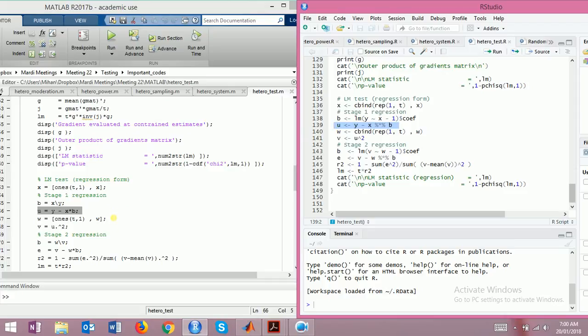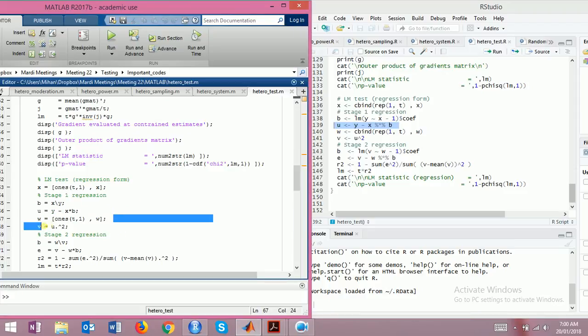Then omega is 1's T times, and we need to regress u on omega, so omega needs to have similar replication. V equals u square, that we already know. So u is 1 and omega.